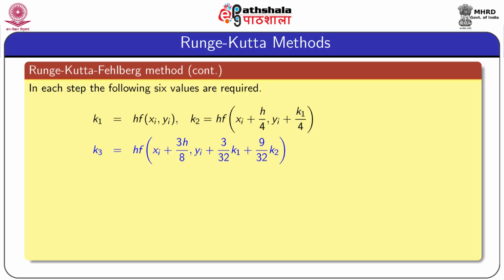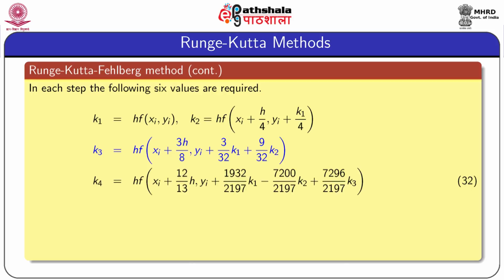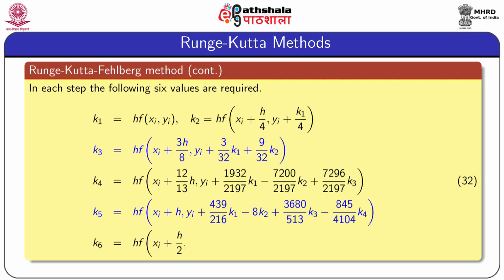Note that the value of k3 depends on the values of k1 and k2. And this is the expression for k4, this value depends on the values of k1, k2 and k3. This is the expression for k5 and this one is the expression for k6. Note that the values of k1, k2, k3, k4, k5 and k6 depend on the values of the previous ones.